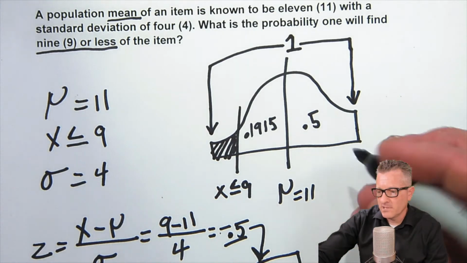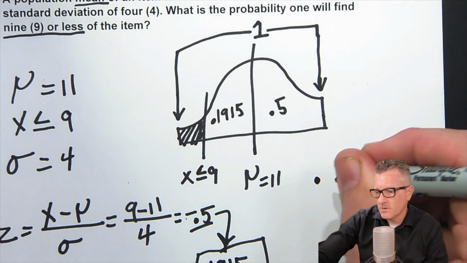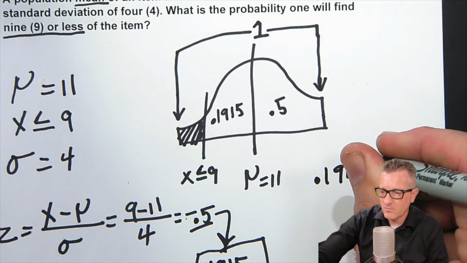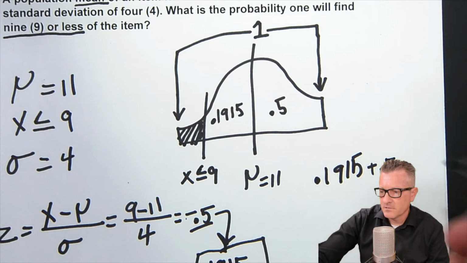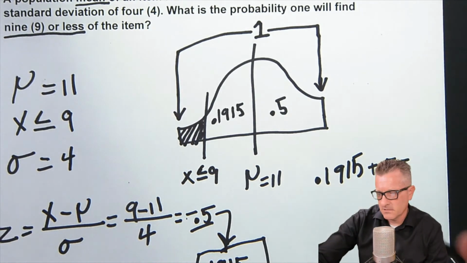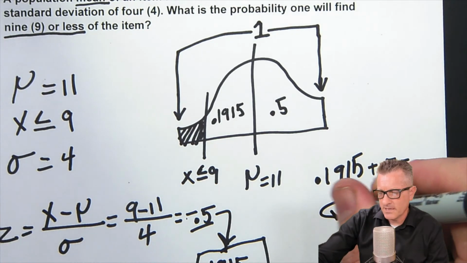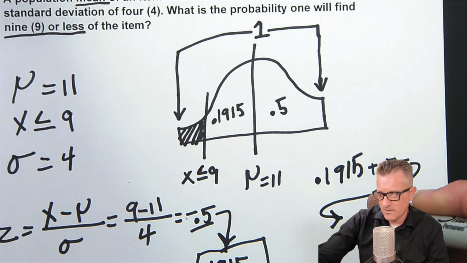So we do 0.1915 plus 0.5, and that equals 0.6915.